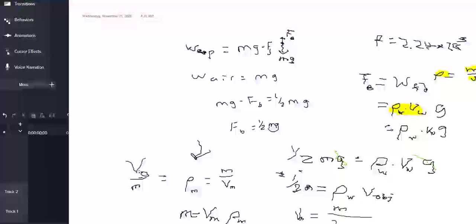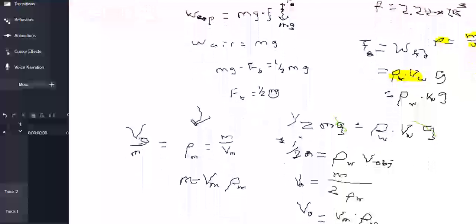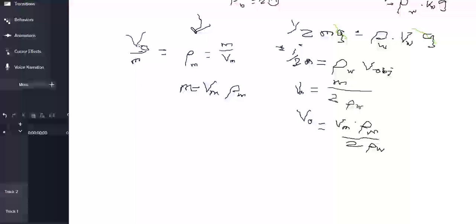What I'm looking for here is the fraction of the volume that is made up of the solid material. So I'm looking for the volume of the material over the total volume.